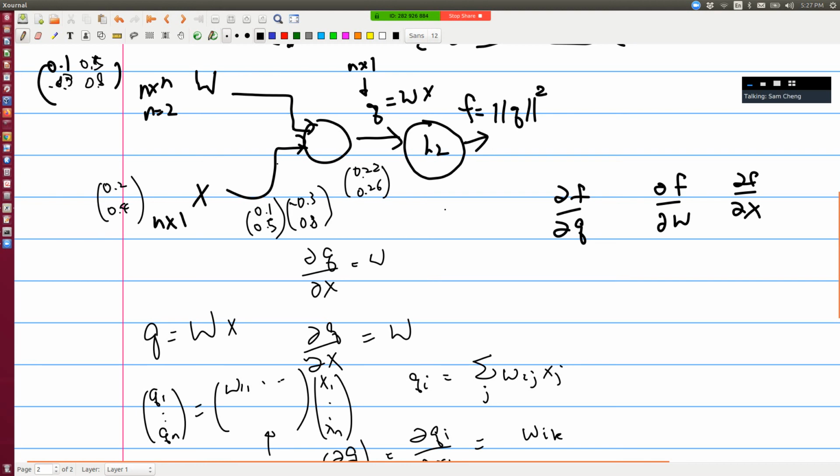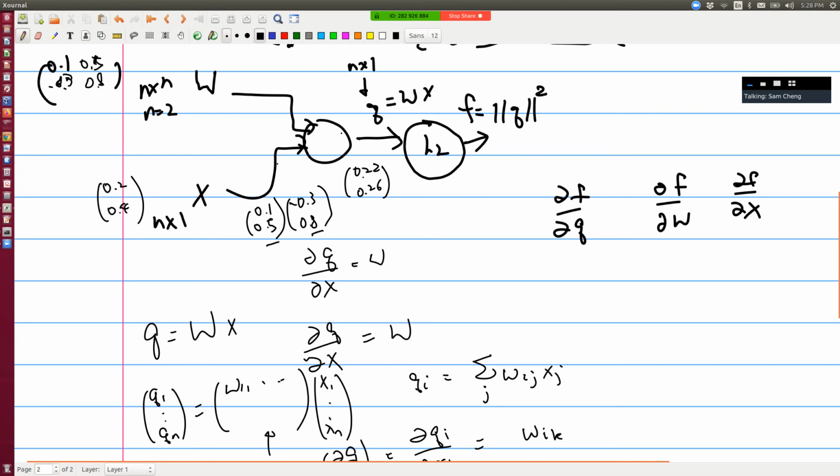Any questions? So the gradient is basically just W, but I write it like this because it is easier to understand.